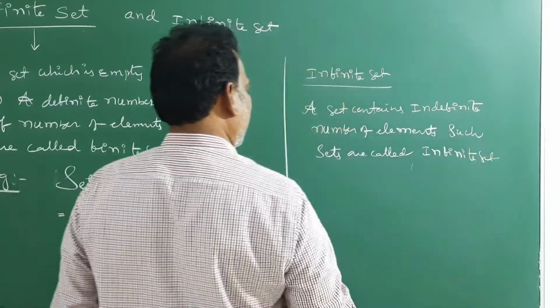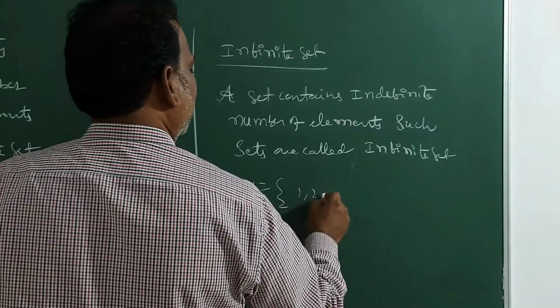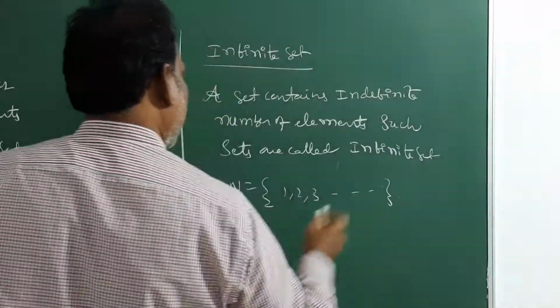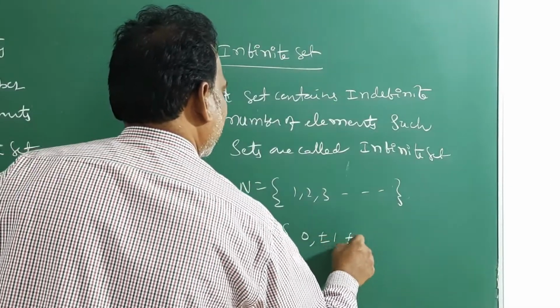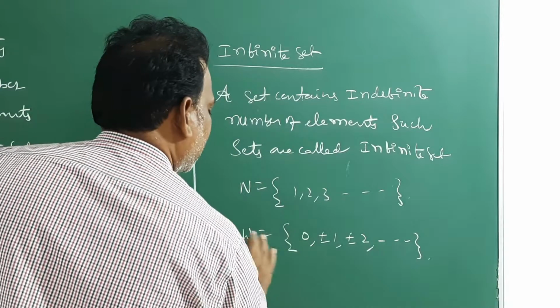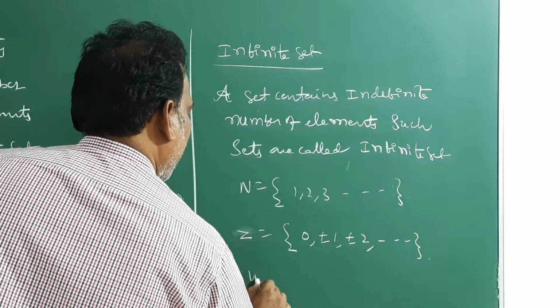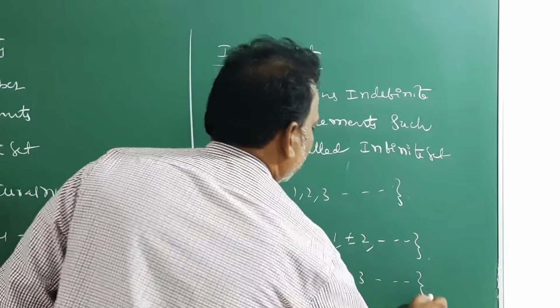For example, set of natural numbers 1, 2, 3 and so on. Set of whole numbers 0, plus or minus 1, plus or minus 2 and so on. Sorry, this is the set of integers. Set of whole numbers 0, 1, 2, 3 and so on.